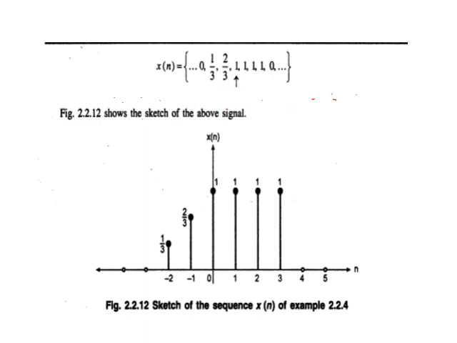This arrowhead represents the 0th sample. If the arrowhead is not provided in the sequence form, then it is assumed to be at the first position. So this is the sequence form.